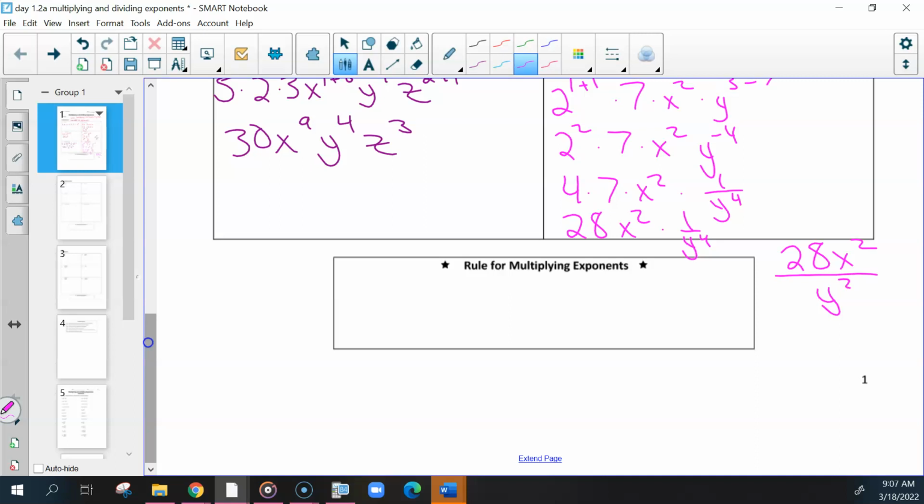So your question of why didn't we multiply the 2's together, we could have, we would have got the same answer. Because 2 to the 1 plus 1 is the same thing as 2 times 2. Does it matter if 28 is on the outside? That wouldn't make it a simplified fraction if it was on the outside of the fraction.